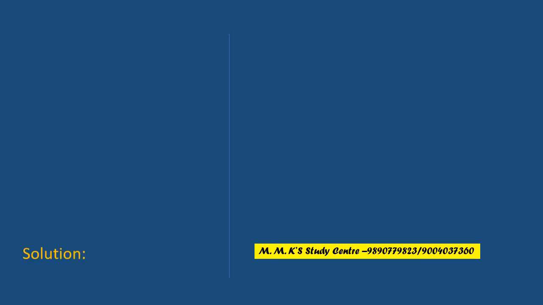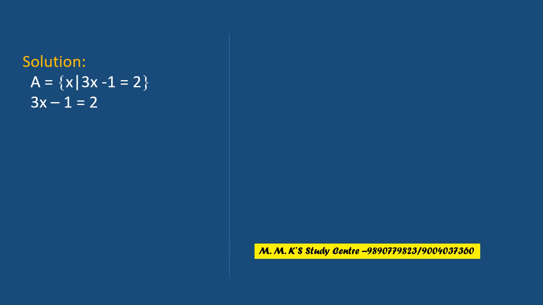Solution. So we'll take A is equal to {x such that 3x minus 1 is equal to 2}. This is the first set which is given to us. While solving this, we will take 3x minus 1 is equal to 2 out and solve, and we will find out the value of x. So minus 1 will go to the right hand side, it will become plus.